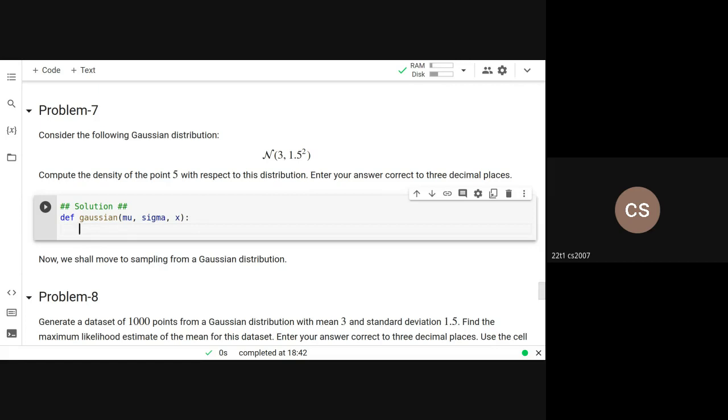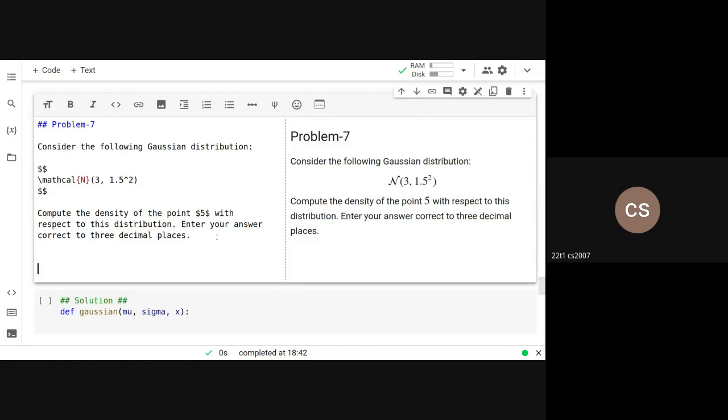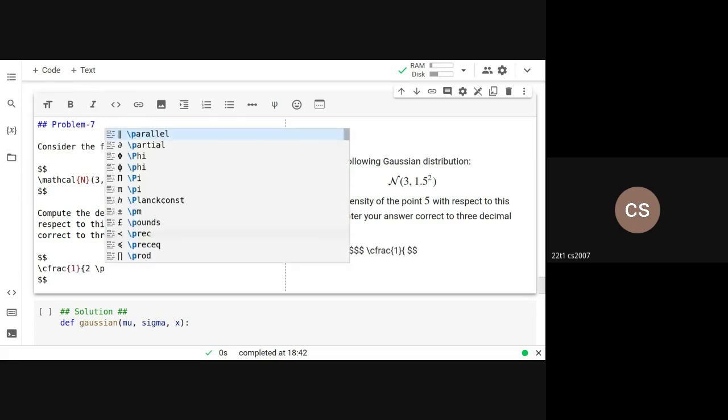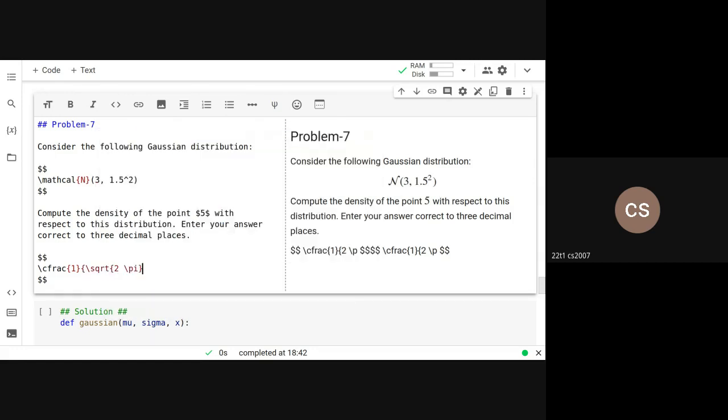What I'm going to do now is write the formula here as well, and then we'll convert it into Python. So this is square root of 2 pi sigma. Okay, 1 by root 2 pi sigma, that is one part.